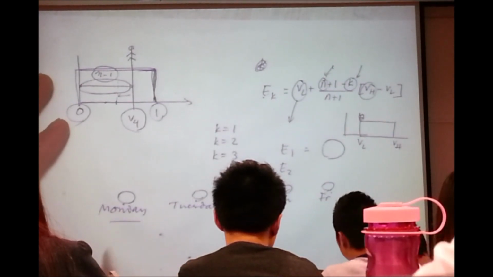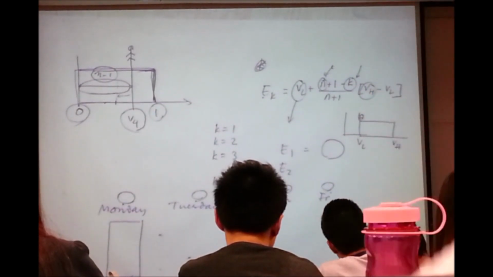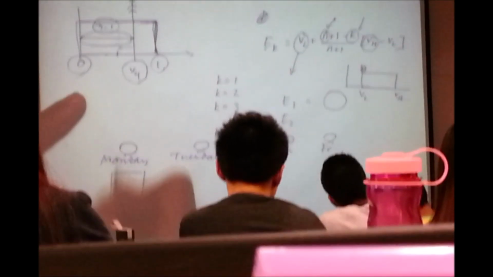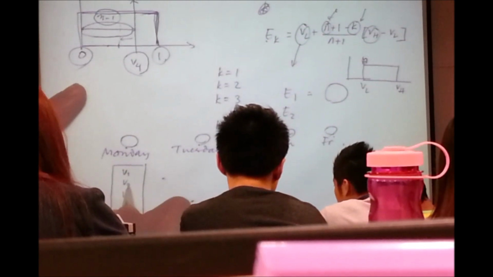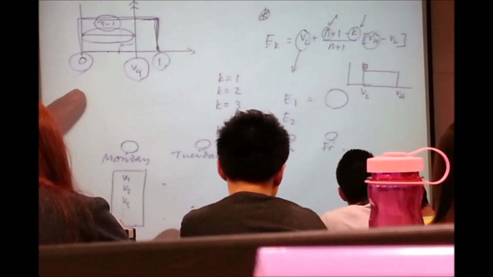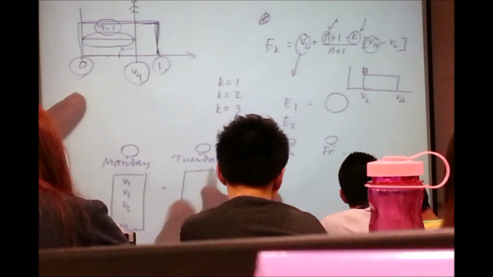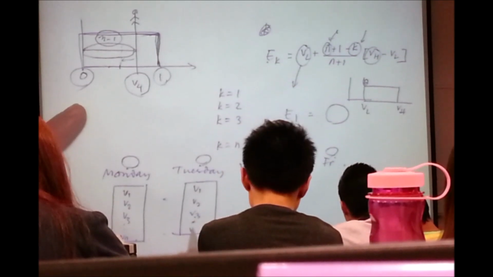So if I ask the Monday group to list down their valuations for this sunglass that I am trying to auction, you will get n different values. You will get V1, V2, V3, this is the highest, this is the second highest, all the way till the lowest. The Tuesday group also similarly will give you a different V1, V2, V3, all the way down.